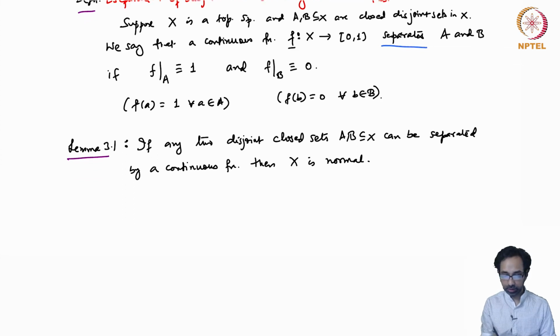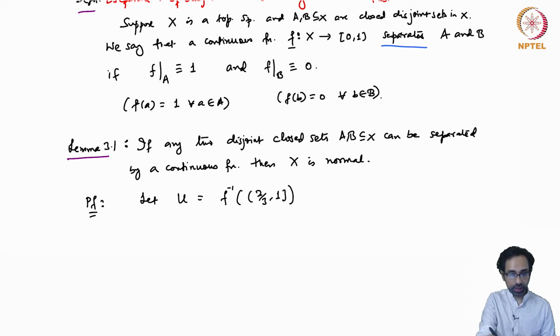So this is quite straightforward actually. We just need to show that you have two open disjoint sets containing each of these closed sets. So let U be the inverse image of, let's say, (2/3, 1].